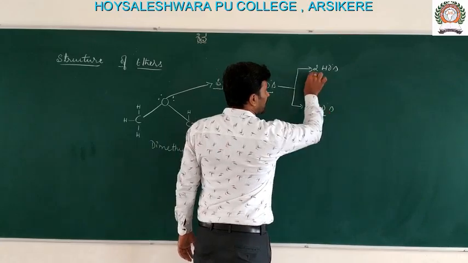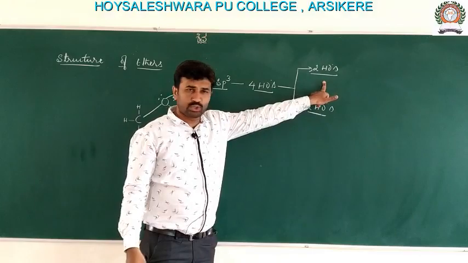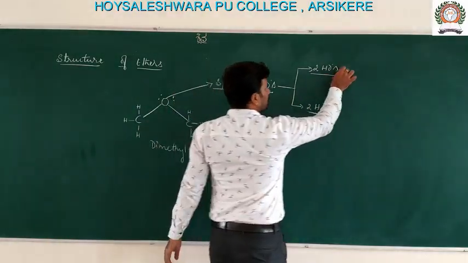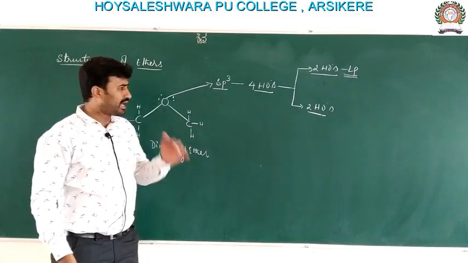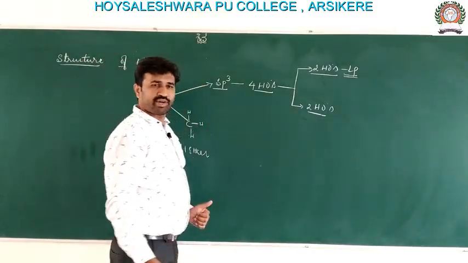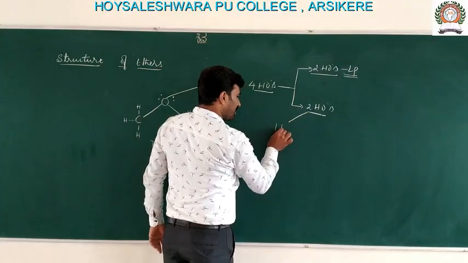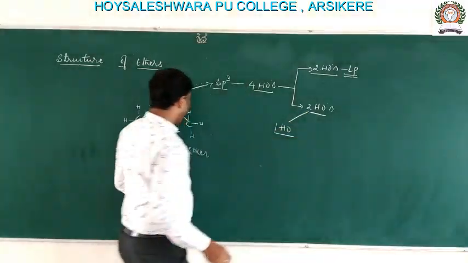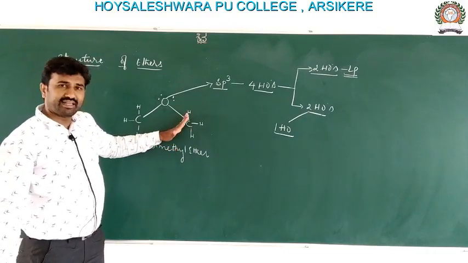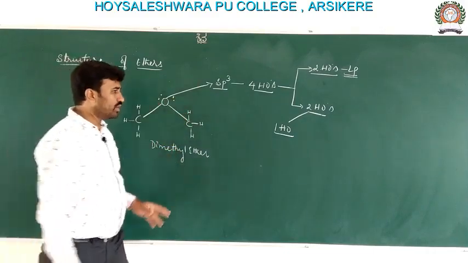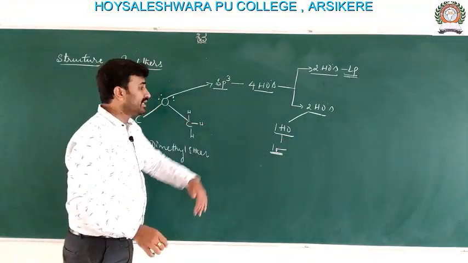The lone pairs of electrons occupy 2 hybrid orbitals, and of the remaining 2 hybrid orbitals of the oxygen atom, one hybrid orbital overlaps with the carbon atom of the alkyl group to form one sigma bond.